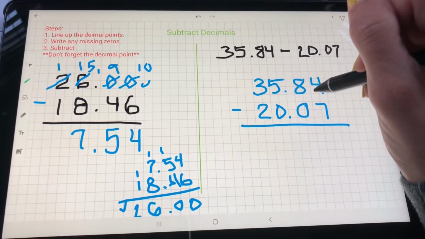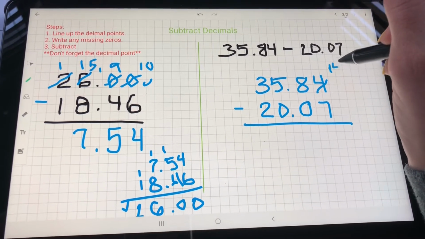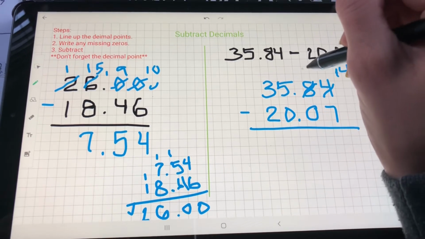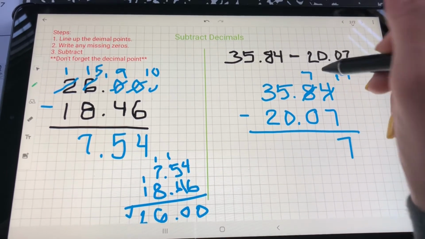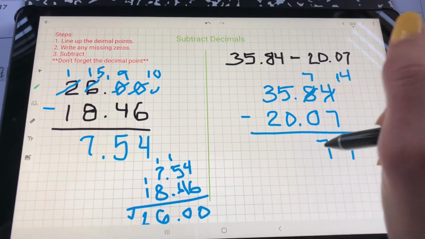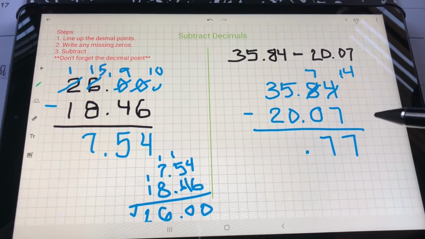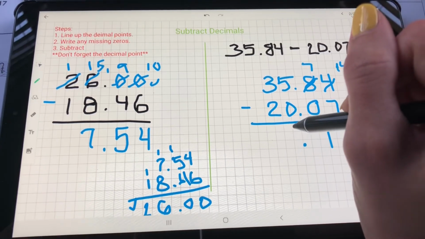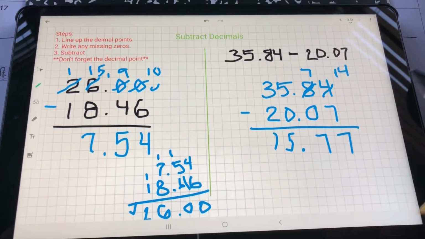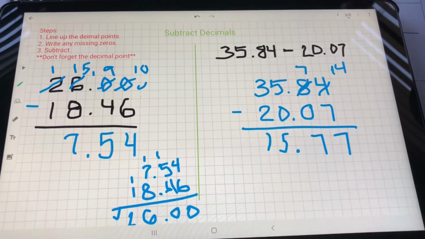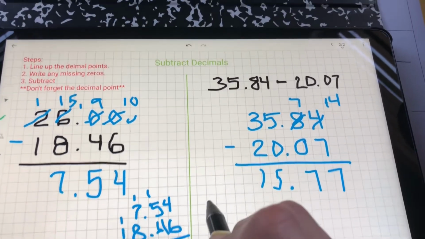No, so we need to borrow. The 4 becomes 14, the 8 becomes 7. 14 minus 7 is 7, 7 minus 0, 7. Bring down our decimal point. 5 minus 0, 5. 3 minus 2, 1. 15 and 77 hundredths.